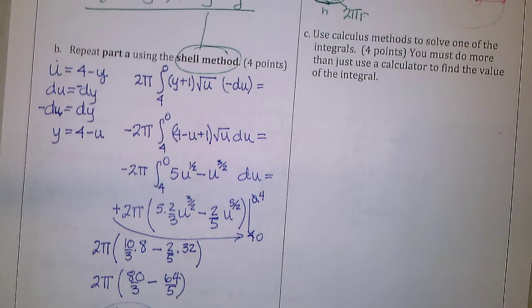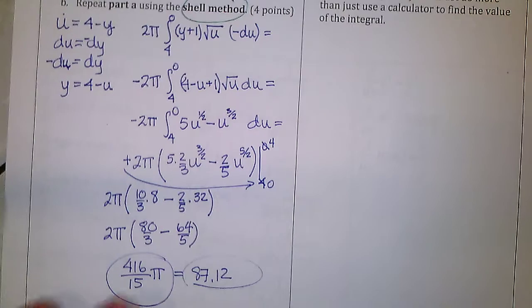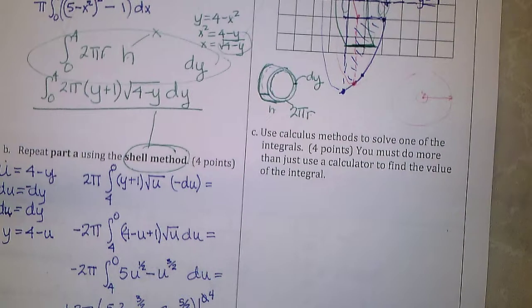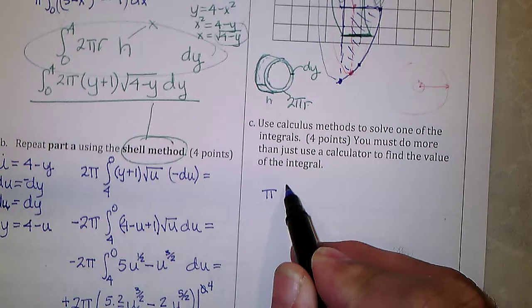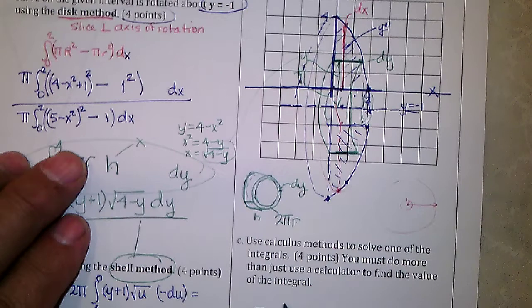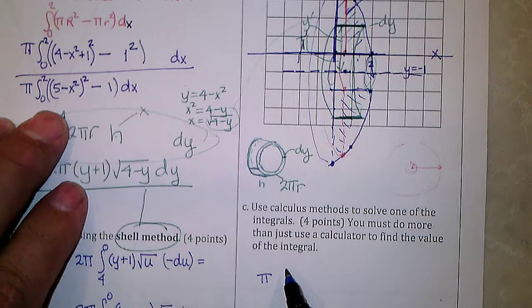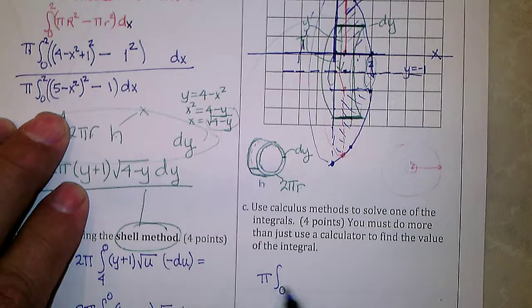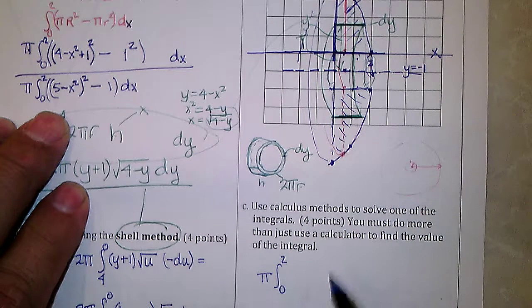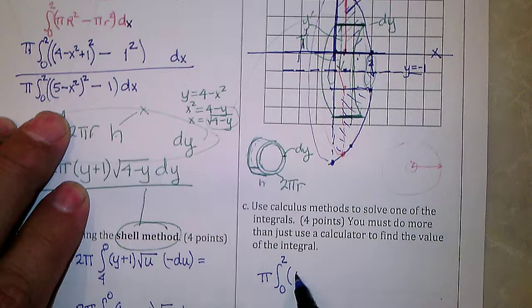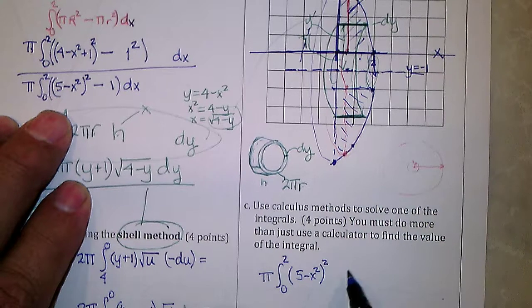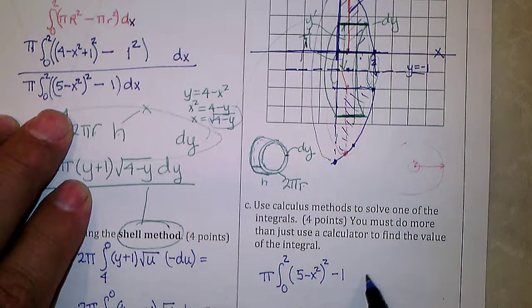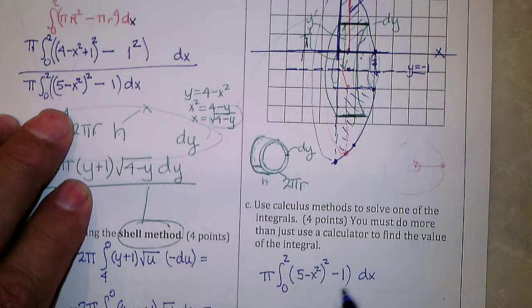All right, let's see if the other one comes out to be the same answer. Okay, so the other one, I'll rewrite it down here. It's pi integral from 0 to 2 of 5 minus x squared, quantity squared, minus 1 dx.